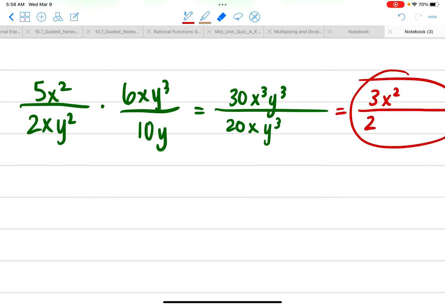Some people like to actually cancel in the fraction multiplication itself. So you can come over and cancel the x's, and then you can say, look, I know I have 3 y's on the top, and then I have 1 here and 2 here, so I have 3 on the bottom. So some people will literally just come through and cancel the y's. And then they'll say, look, 6 and 2, those are both divisible by 2.